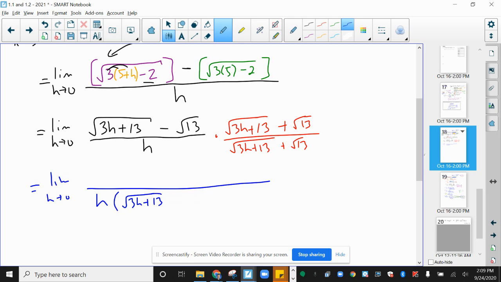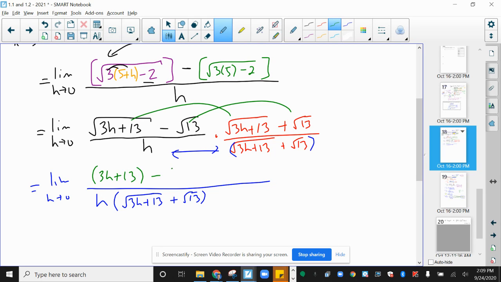Just multiply. You're just doing h times this and leave it in a factored form. Don't expand inside. We want the canceling to happen later. In the top, we just have to do first and last because they are conjugates. So these multiply and the square roots fall off. These multiply and the square roots fall off.